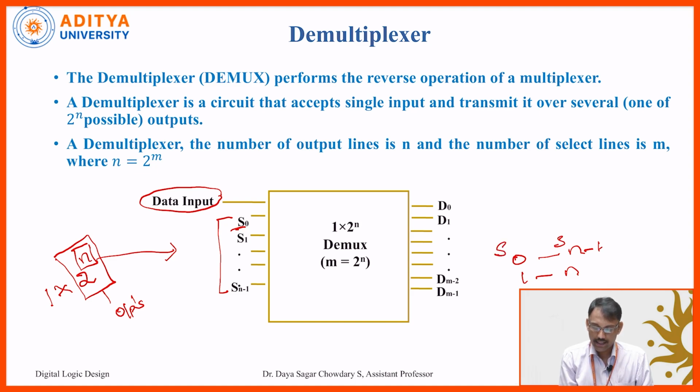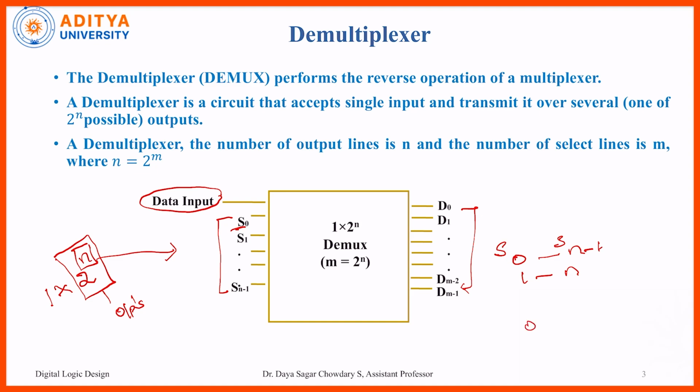Likewise, the outputs are represented as m, from 0 to m minus 1. Because this is a demultiplexer, we use d for the output, so d0 to d m minus 1. That means there are m outputs, n selection lines, and only one input.